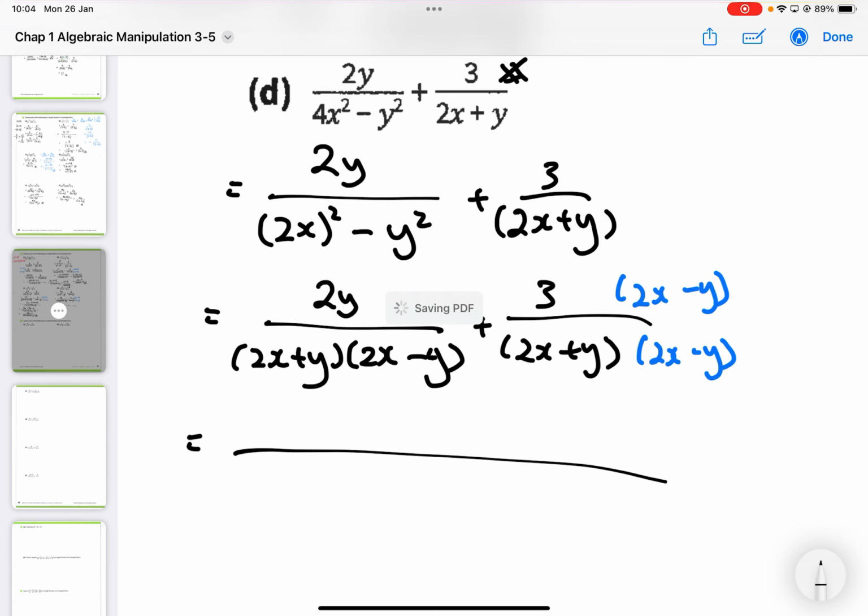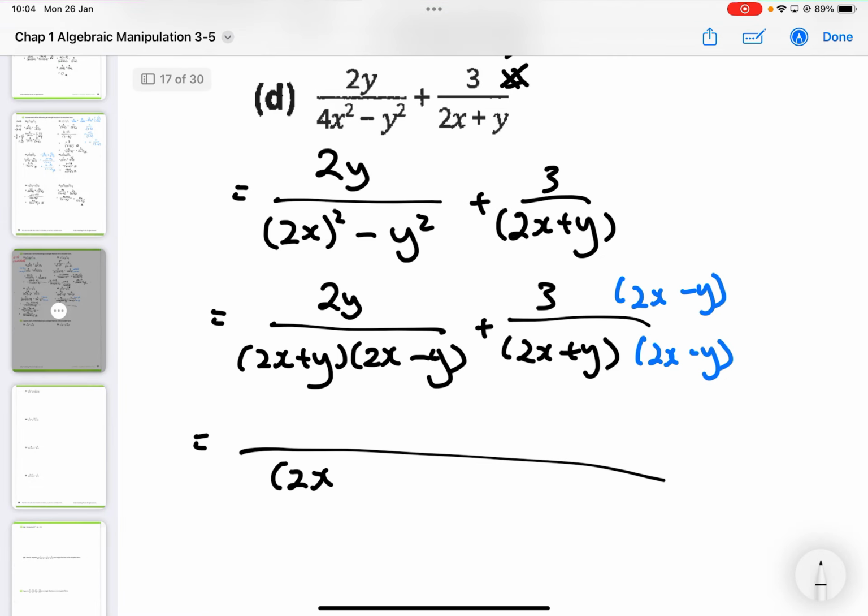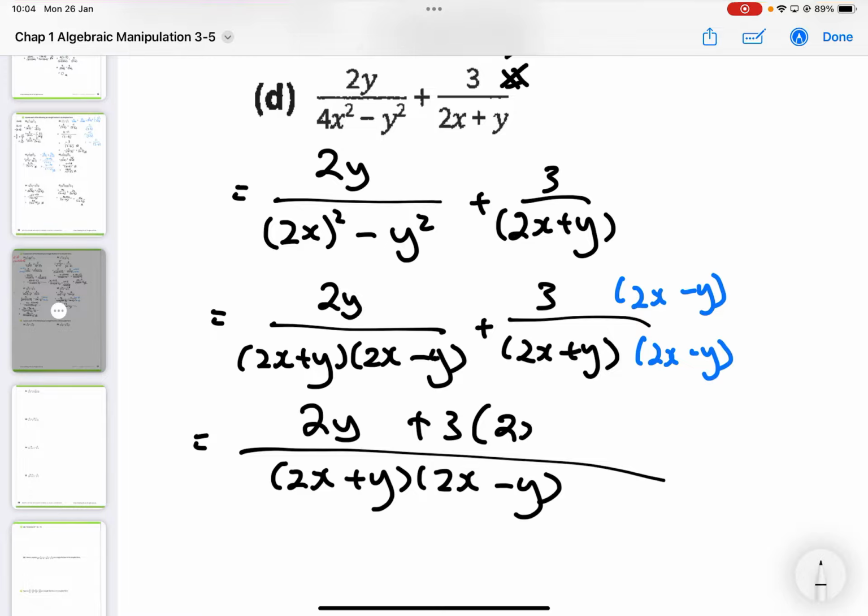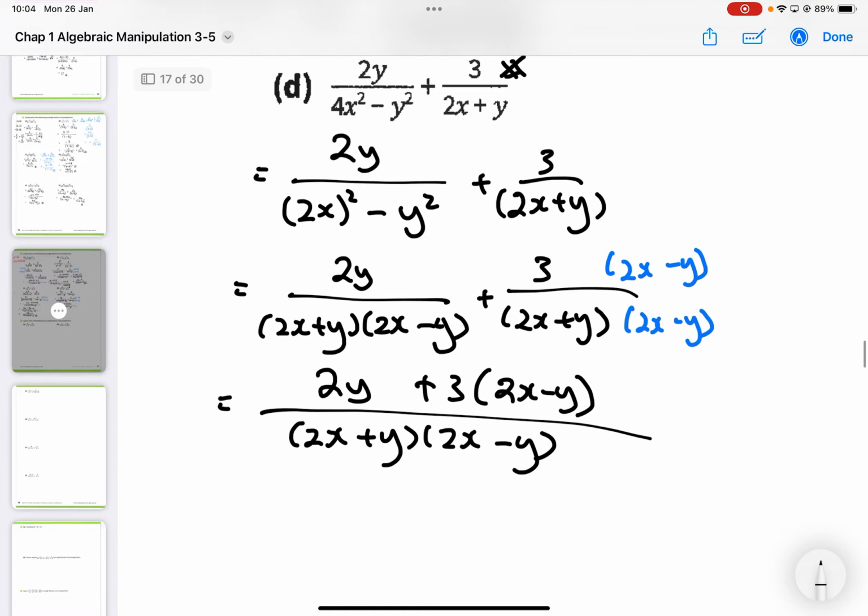Same denominator, so I can put them together into one fraction. First numerator plus second numerator. Okay?